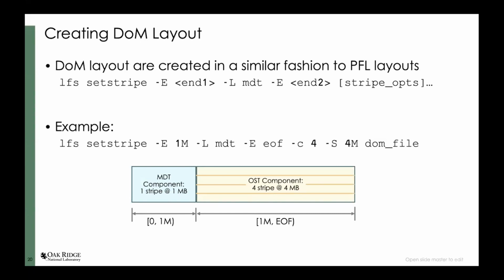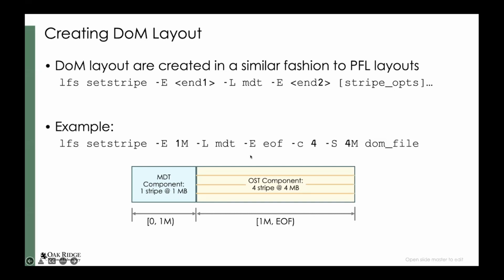Creating a DOM layout is done pretty much in the same fashion as a PFL layout. The only real difference is that for the first component, you specify the endpoint for it, and then instead of giving, say, stripe count and stripe size, you do -L mdt, which says to use the MDT layout. That will put the first component on the MDT, and then after that, the subsequent components are specified just like other PFL layouts.